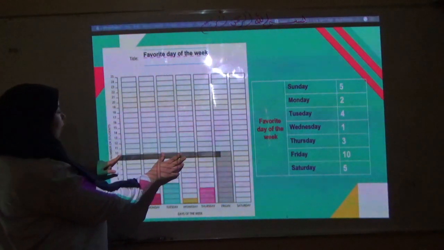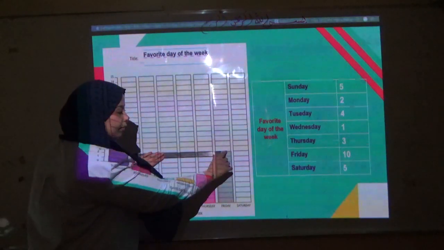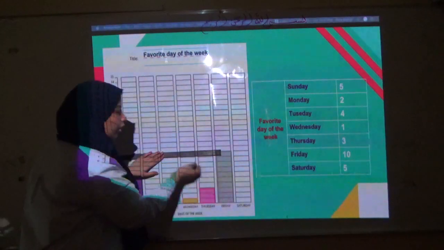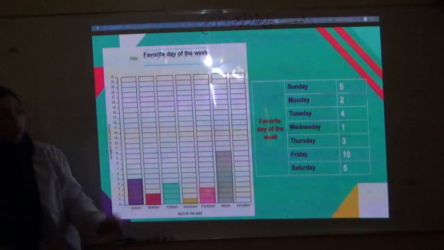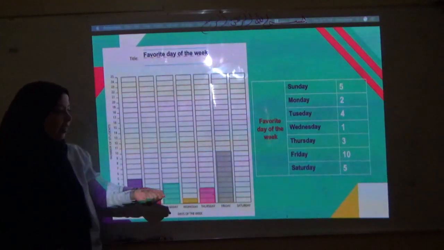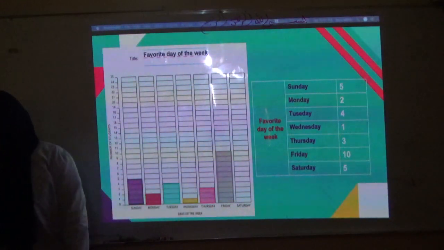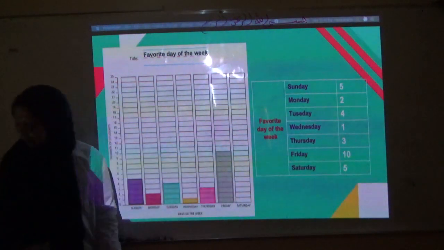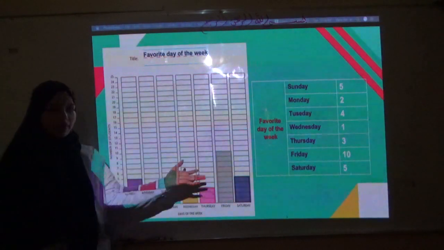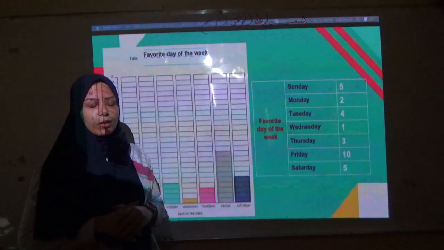Here, I put my ruler on number 10, and I will put a mark for myself, and then I will color the area under my mark. For the last one, Saturday, I have 5 students who like Saturday, so again I will color 5 rectangles, as you can see. So that's our lesson for today.